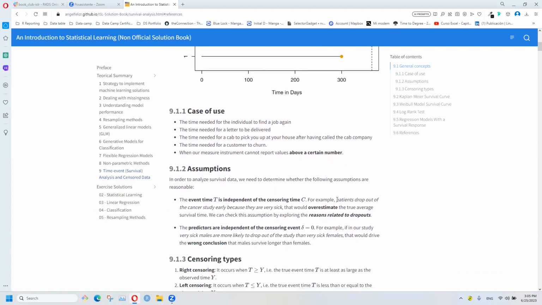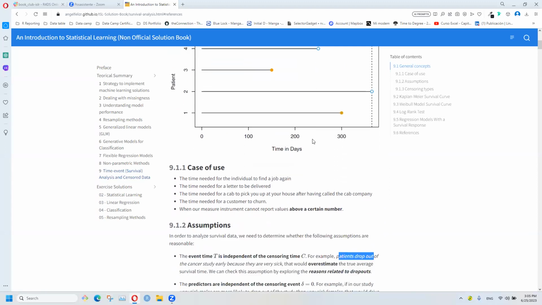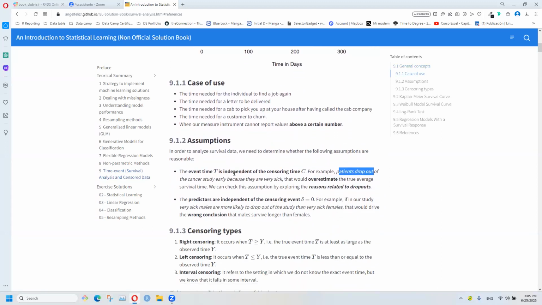They give the example of patients who drop out of the cancer study early because they were very sick. If they were very sick and dropped out of the study, they might die some days after. So in this case, yes, the event time and the censoring time are correlated.